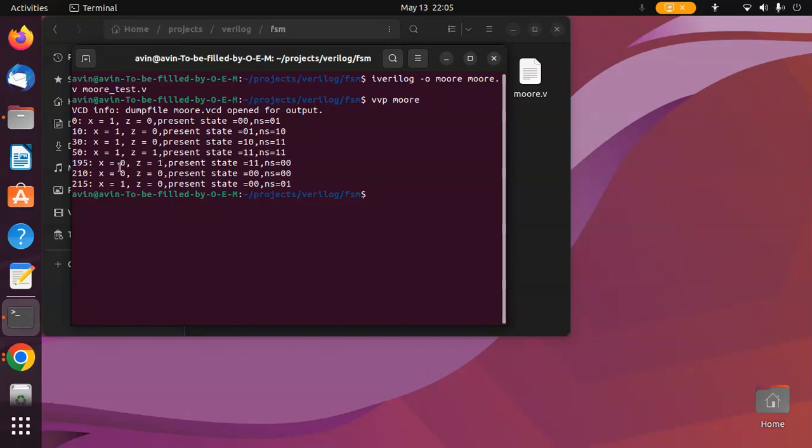Even though here input becomes 0, as we designed a Moore circuit, the output is still 1. Why? The present state is 1 1. It depends only on the present state. Whenever the present state becomes 1 1, irrespective of the input that is x, the output becomes 1. So you can see both conditions. If the input is 1 or if the input is 0, the output remains 1. Why? It depends only on the present state.